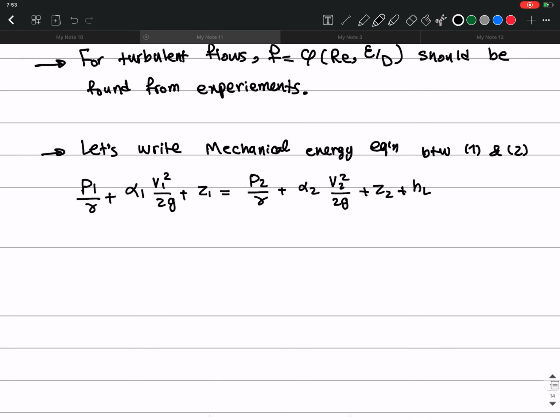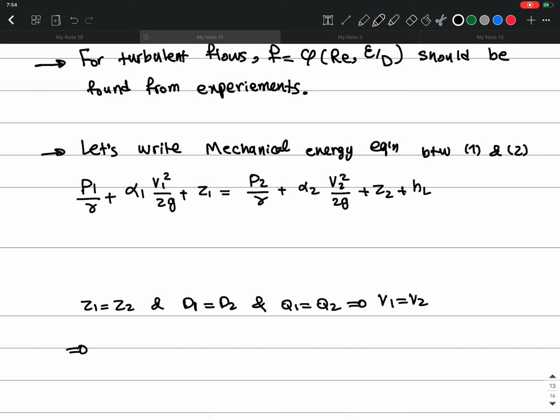Okay, so now we know that Z1 equals Z2, and we know that D1 equals D2. The pipe diameter is not changing here. And so this means that Q1 equals Q2, because V1 A1 equals V2 A2. And also from the continuity, we know Q1 equals Q2. So this means that V1 should equal V2.